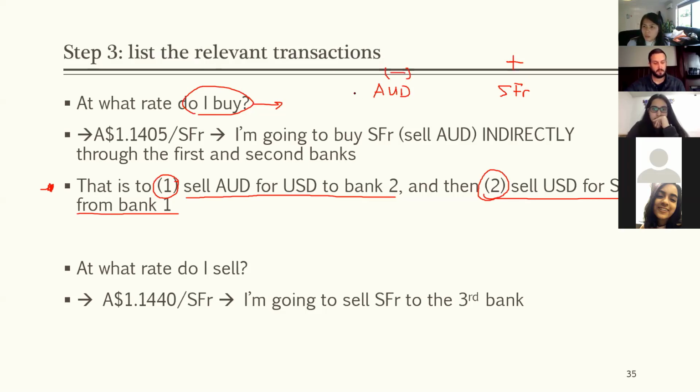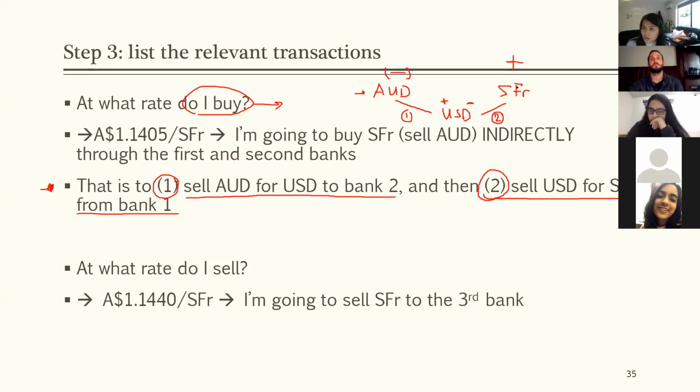So if I want to do that indirectly through the USD, then I'm going to sell the AUD to acquire the USD, okay, in the first transaction. And then once I've got the USD, I'm going to sell the USD to acquire the franc, okay, in my second transaction.